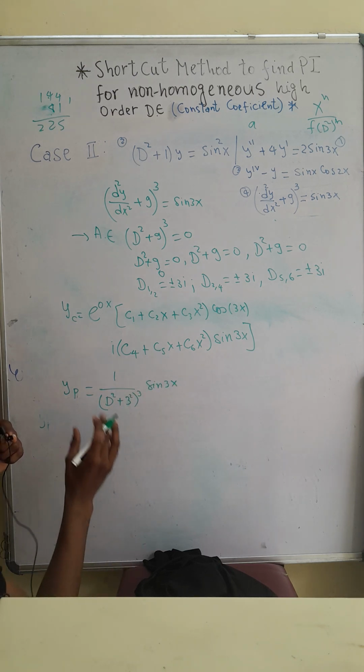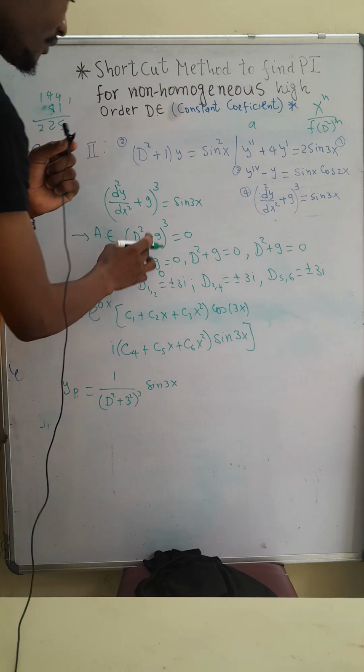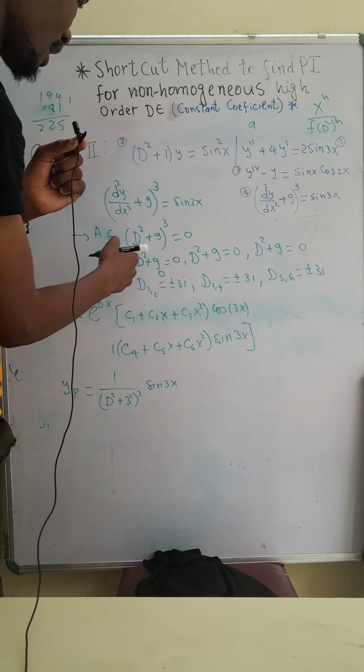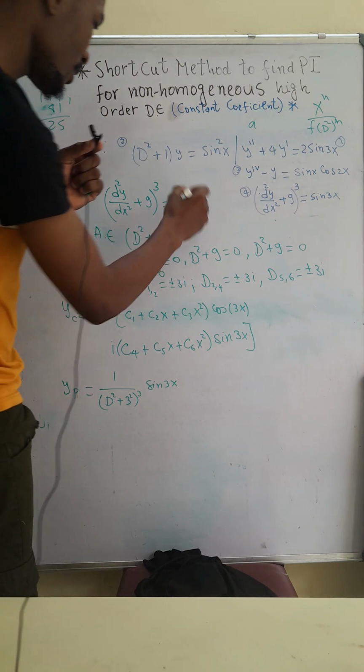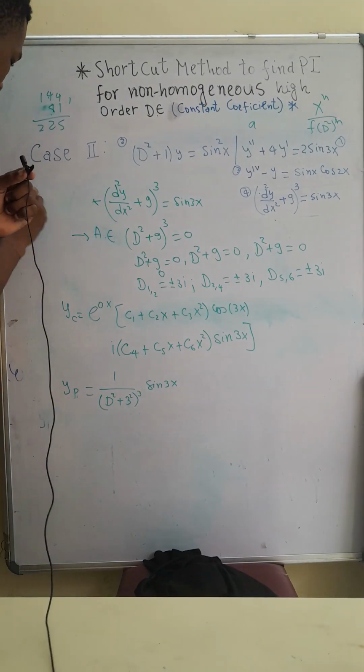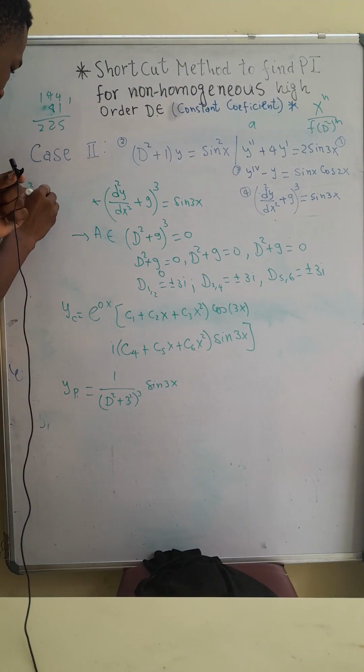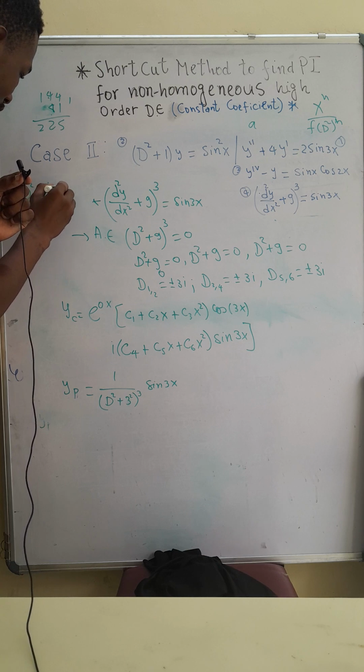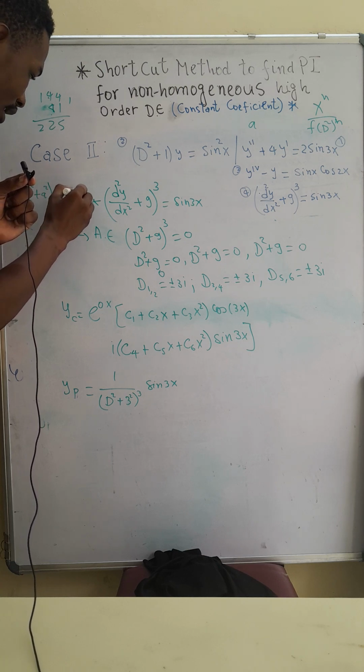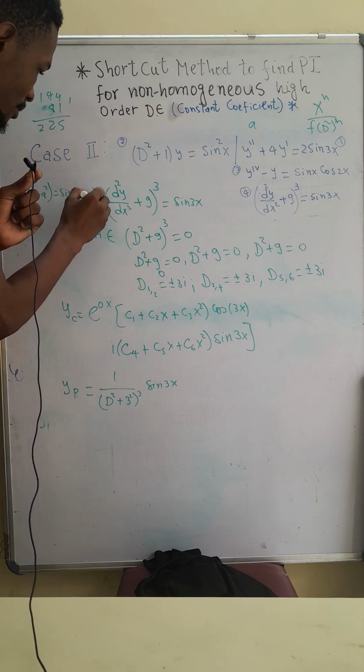Whenever I have this expression, I just compare it: this is directly D squared plus a squared, and here it's equal to sin of ax plus b.